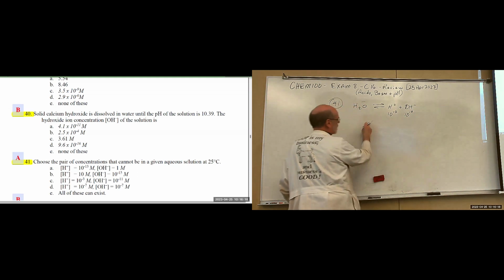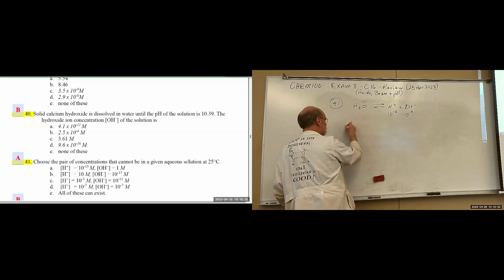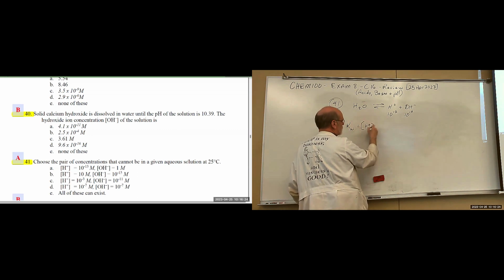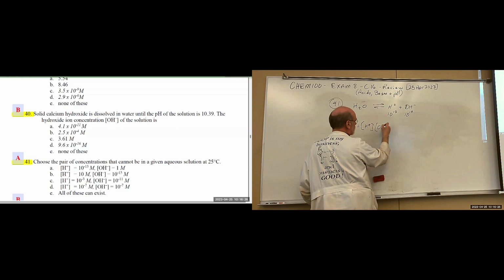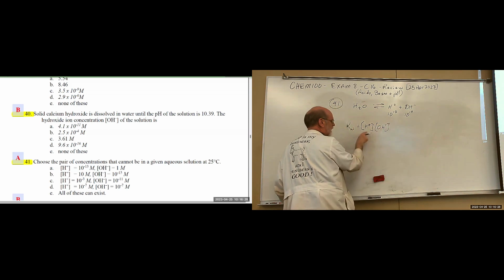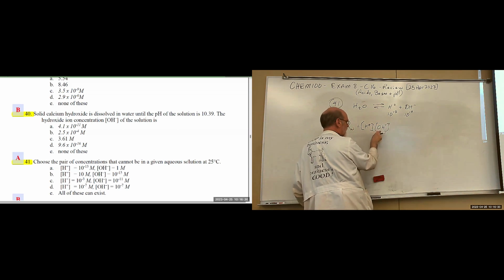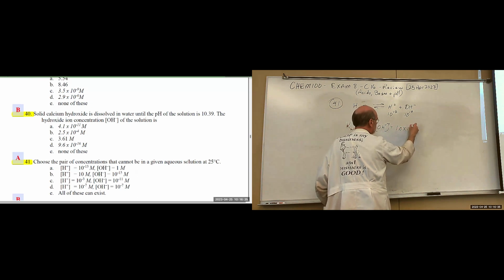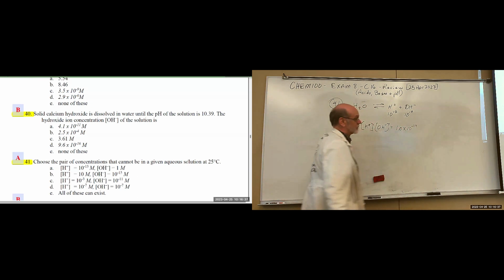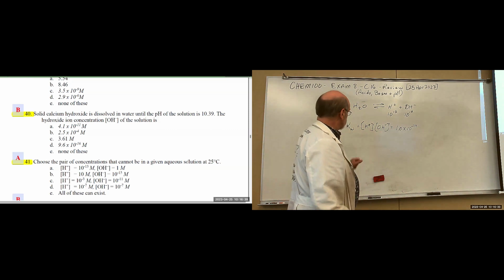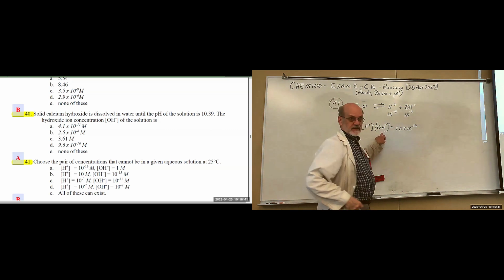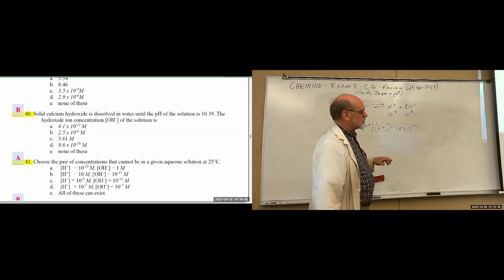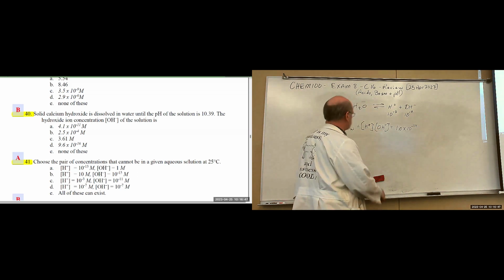But if we write it this way, in terms of its equilibrium expression, then whatever this value is times that value has to be equal to 1 times 10 to the minus 14. Right? So that means if this increases, that has to get smaller. So let's see. The first one is 10 to the minus 13.